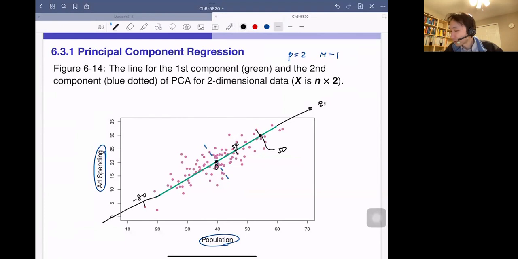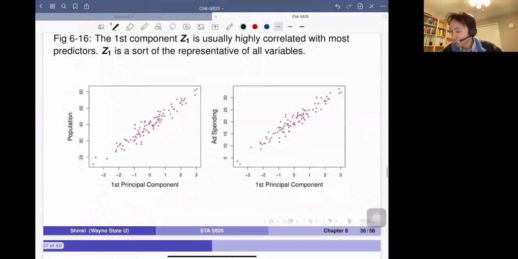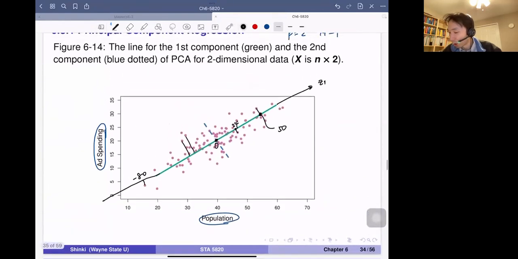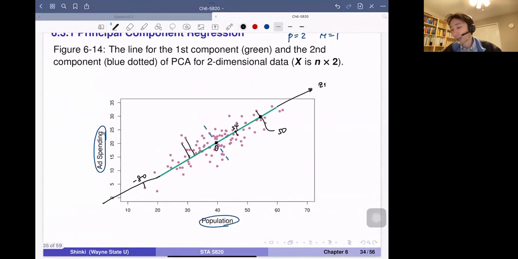Except for the signed coordinate on the Z1 axis, we don't have much information. We have some variation, the distance from each point to this green line, but that is relatively small. Most information is summarized as the coordinate on the Z1 axis.